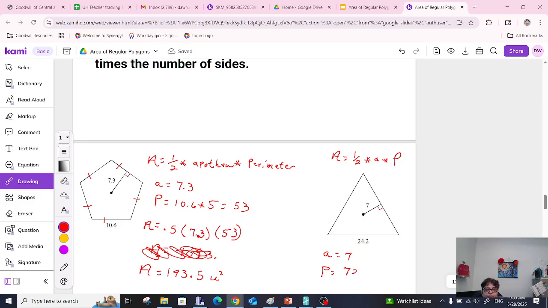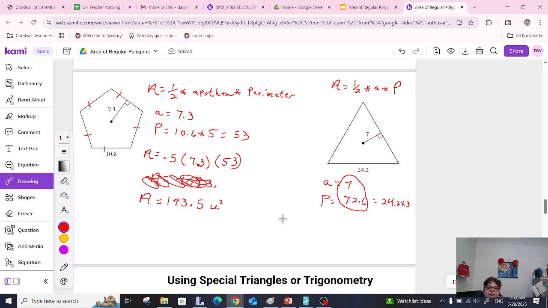It's 72.6, and you got that by taking 24.2 times 3, right? Because there's 3 sides. So these are the 2 I'm going to use in the formula. So I would do area equals 0.5 times 7 times 72.6, which is equal to that many units squared.